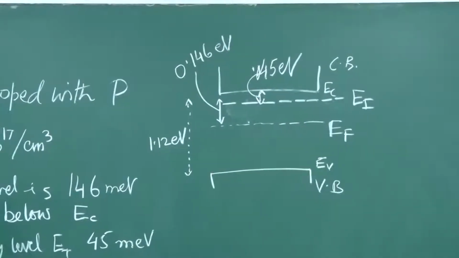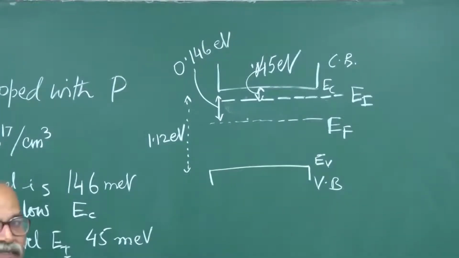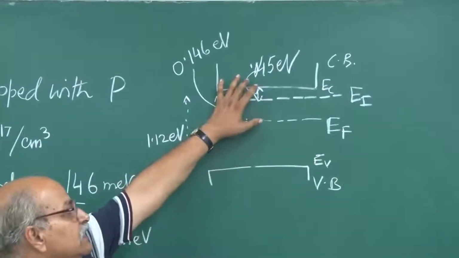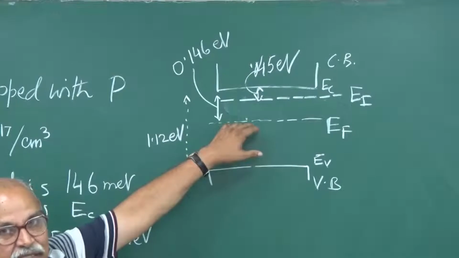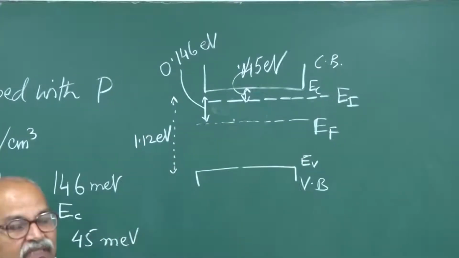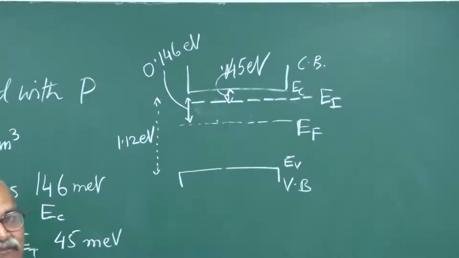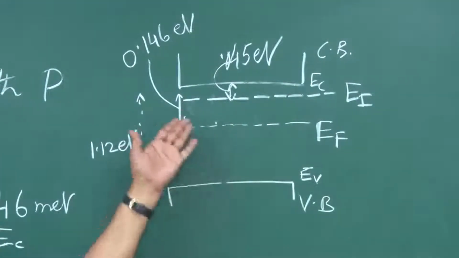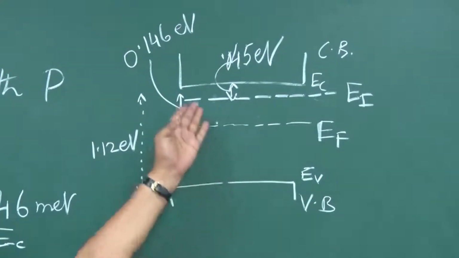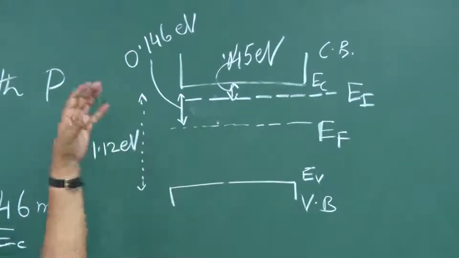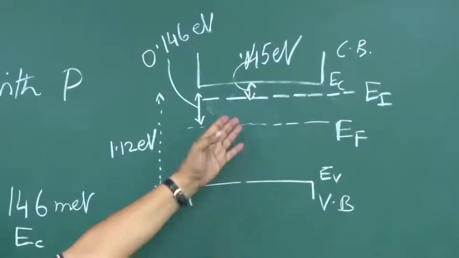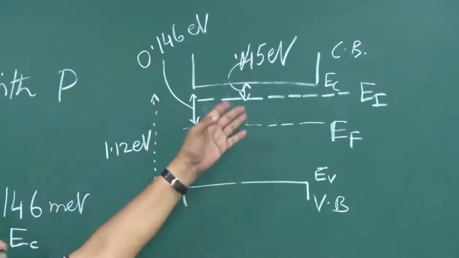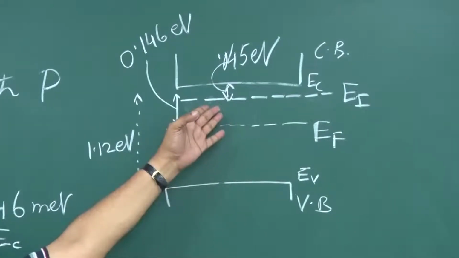I hope you remember, for an intrinsic semiconductor, the Fermi level is midway between EC and EV. But if you dope with a donor impurity like phosphorus to make it n-type, this Fermi energy goes up. So it's not at half, it has gone up. And when you are putting these impurities, impurity levels are created, a few tens of meV, as I had been talking about.